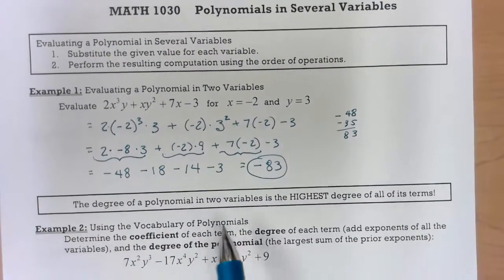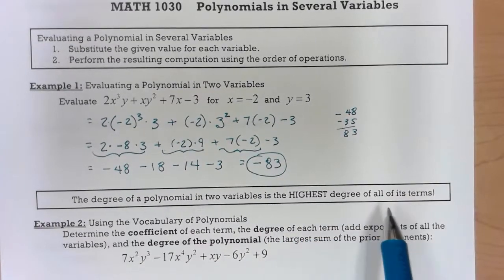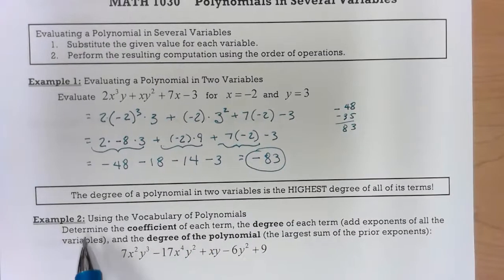Now, the degree of a polynomial in 2 variables is the highest degree of all its terms. So, using the vocabulary of polynomials, we need to determine the coefficient of each term, the degree of each term. Now, if there's more than one variable, you just add your exponents of all the variables.